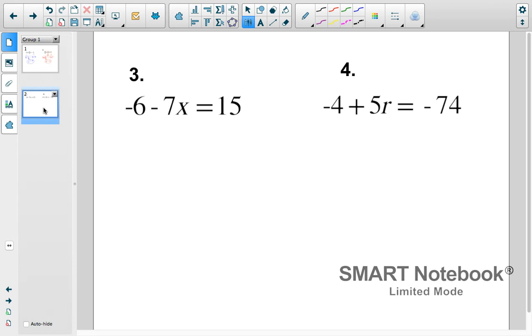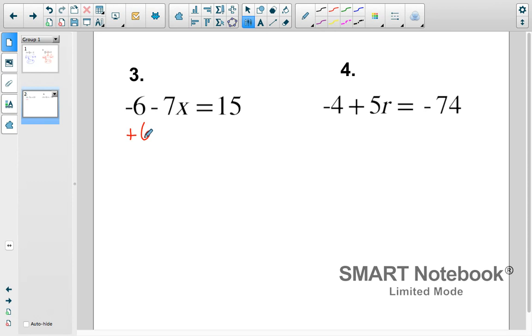This is the opposite. We need to divide eventually in order to solve for our variable. So I want to focus on eventually getting this by itself, which means I have to focus on that first. Whenever you do that, we need to focus on that negative 6. We need to do the opposite again.